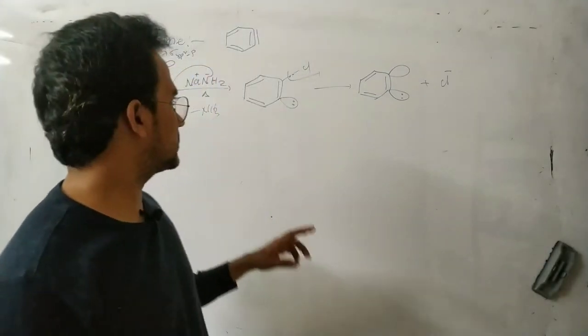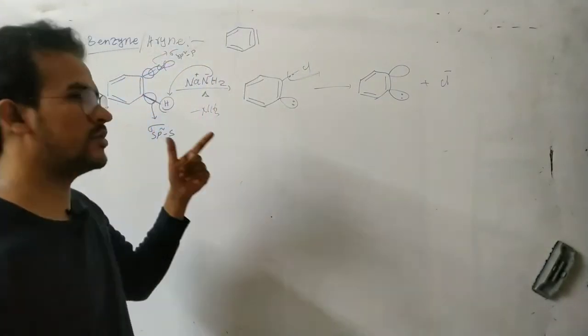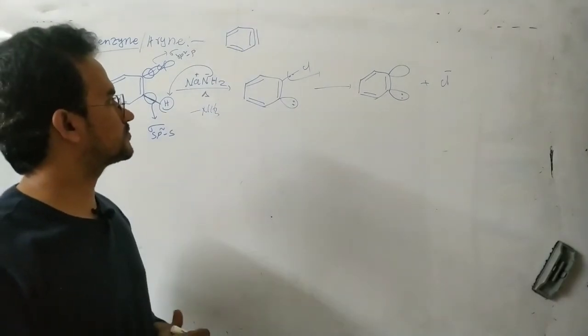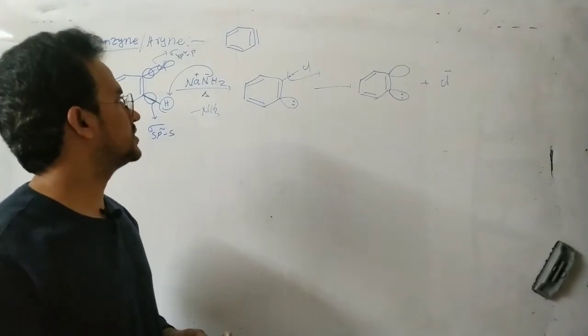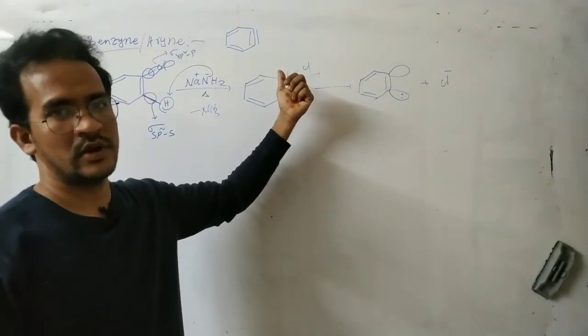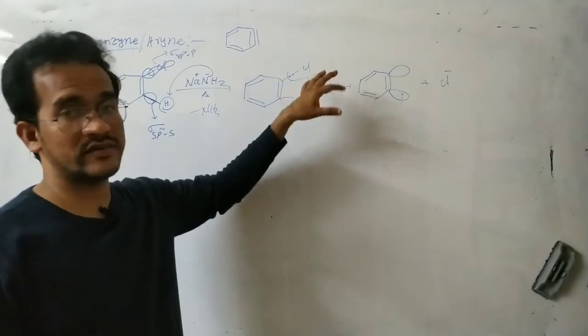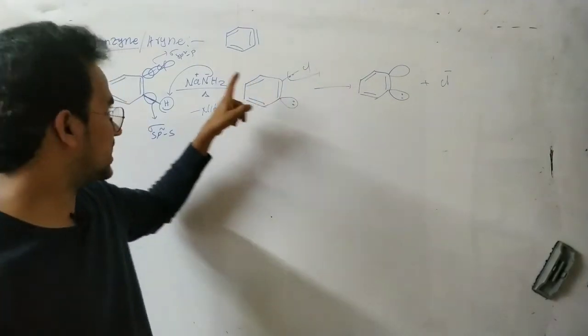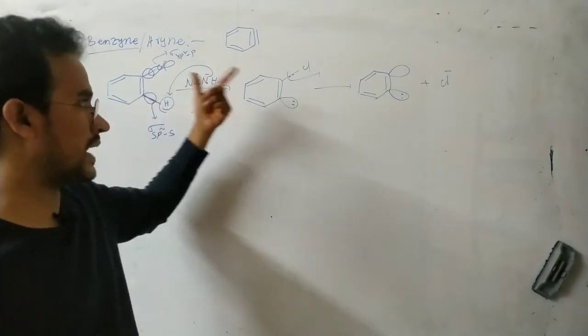First H plus is lost, so this sp2 hybrid orbital gains 2 electrons and carries a negative charge. Now the Cl leaves with a pair of electrons, then the carbon gains a positive charge, meaning that sp2 hybrid orbital has no electrons.